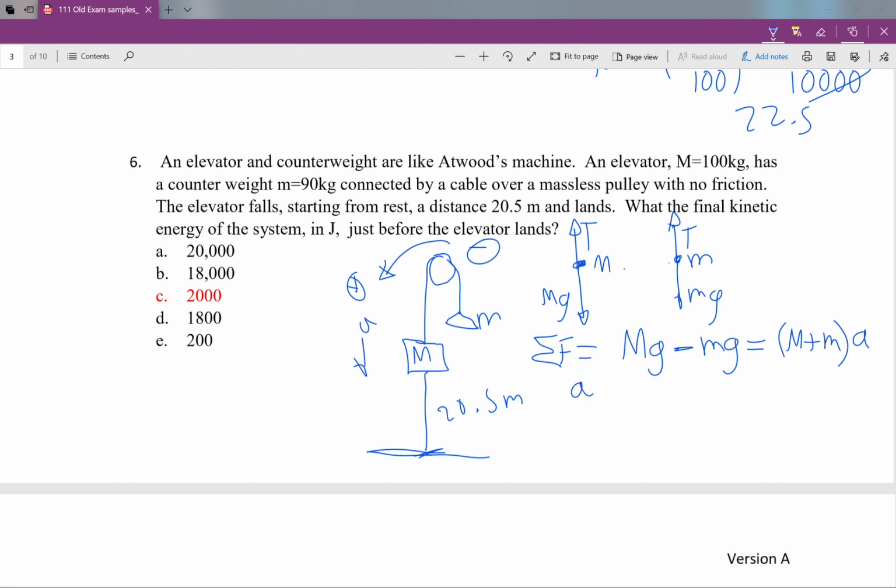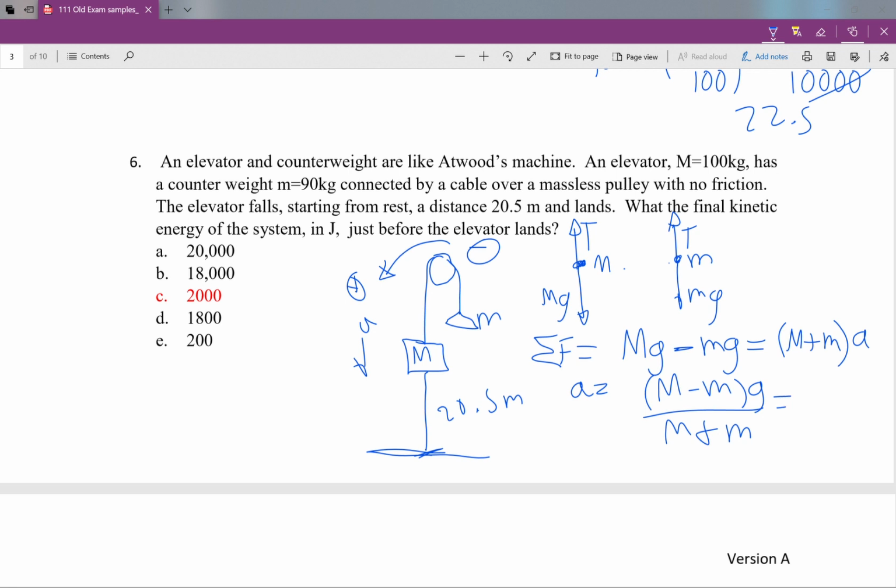So the acceleration in this case is going to be equal to big M minus little m, multiplied by g, divided by big M plus little m.